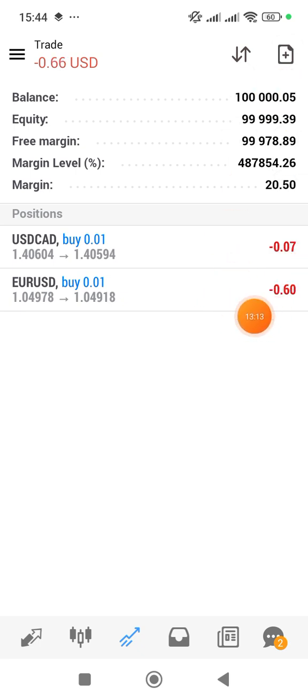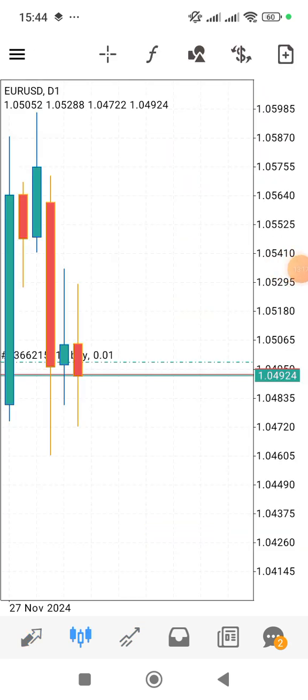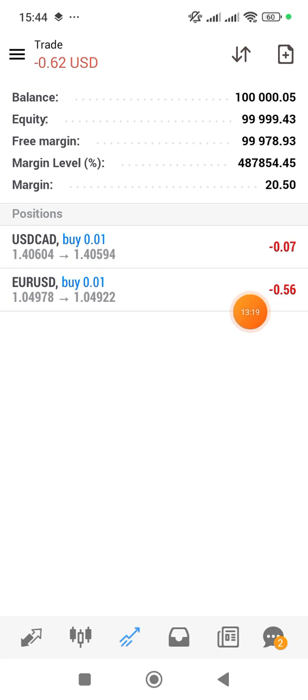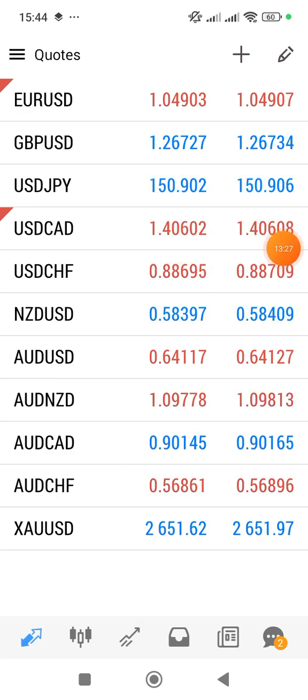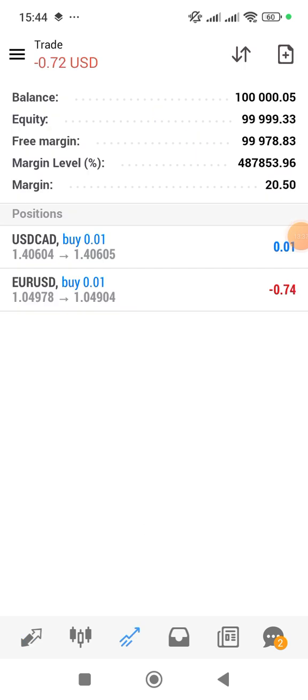That gap is called spread, and that's why your trade always starts with a floating loss, because of the difference between the two numbers. That's the commission of brokers.